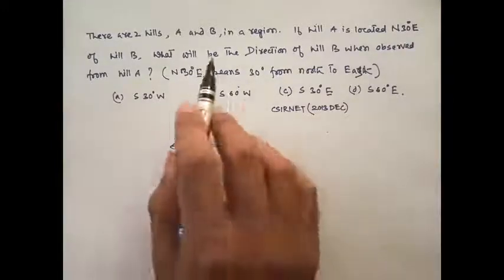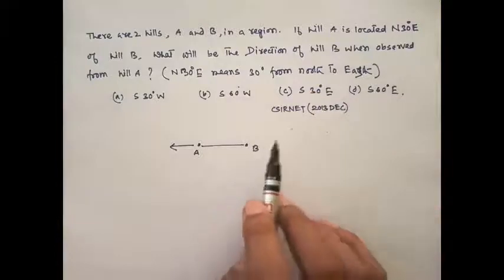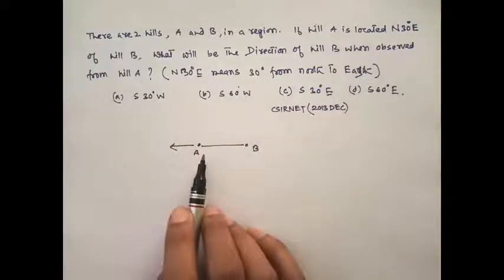So what will be the direction of hill B when we observe from A?